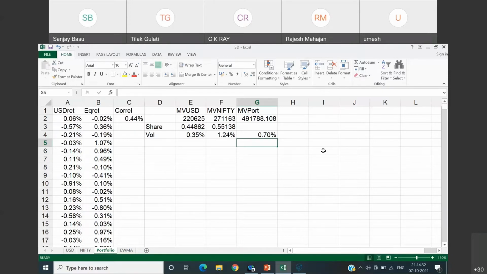Now, gold has very high volatility, but gold is treated as a classic hedge because it is negatively correlated to equity markets. So when equity prices crash, gold prices spike.